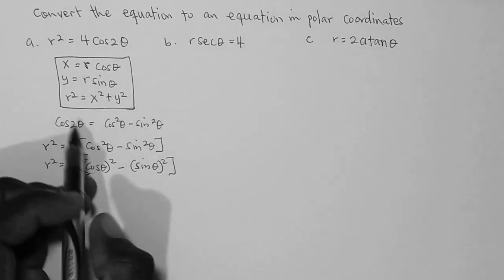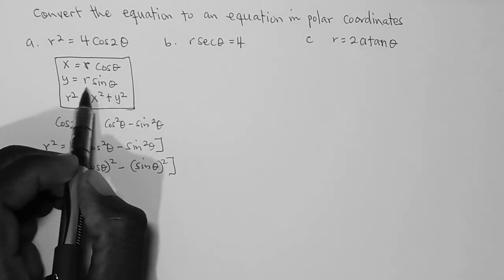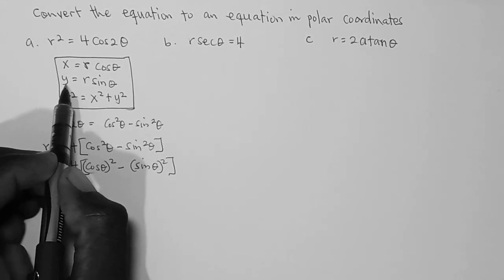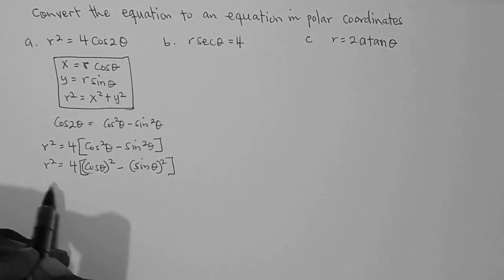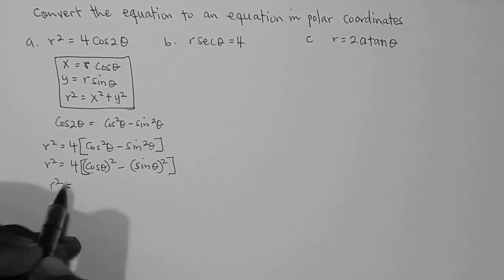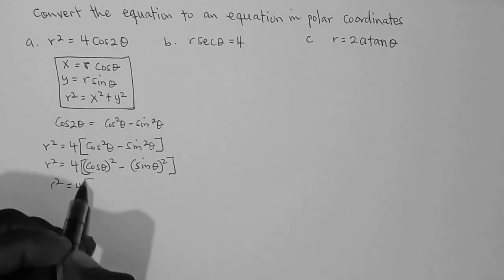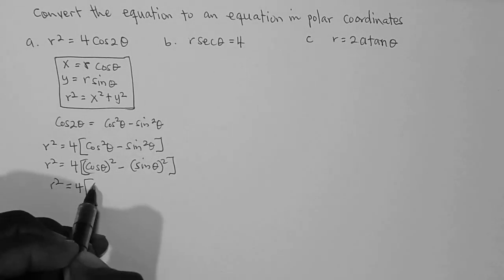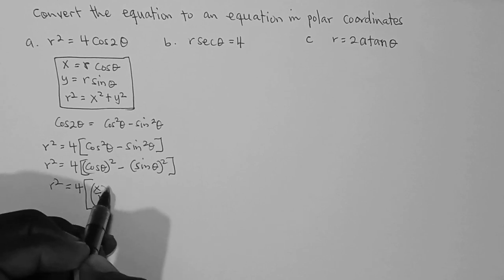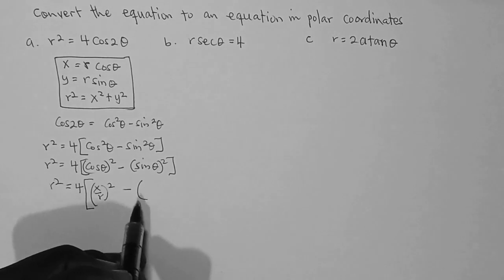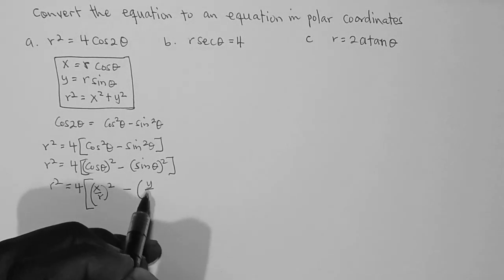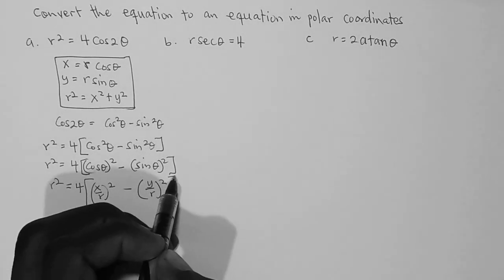But remember that sin theta is equal to y over r, and cos theta is equal to x over r. So r squared becomes 4 times (x over r all squared minus sin theta, which is y over r, all squared).